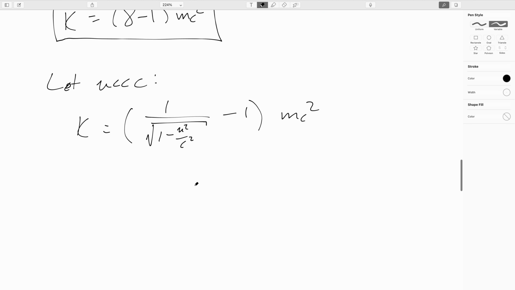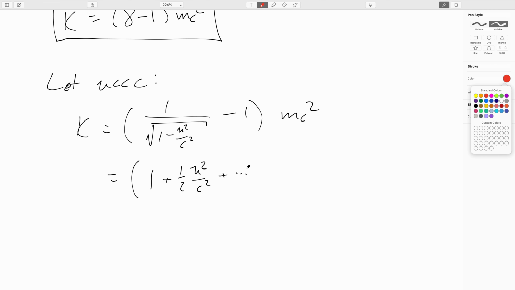Now, you can apply the binomial theorem to this and expand it out, and we'll only keep the first two terms. The first term is 1. The second term is going to be plus 1/2 u squared over c squared.